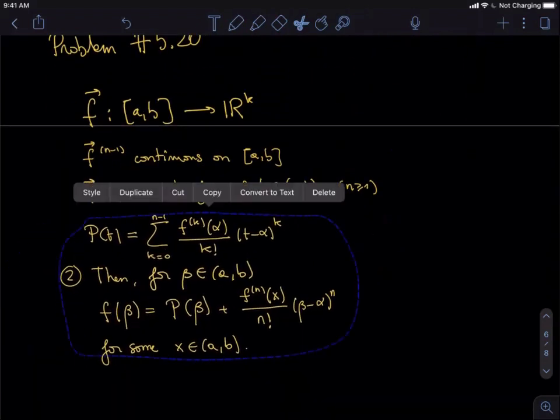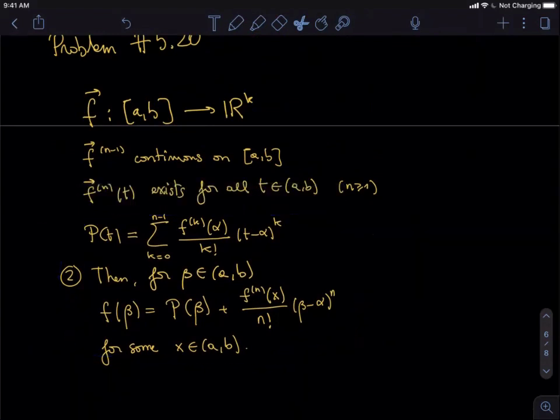So we define the Taylor polynomial just the same. The only change is that now we have a vector function, so this is actually an array of functions.